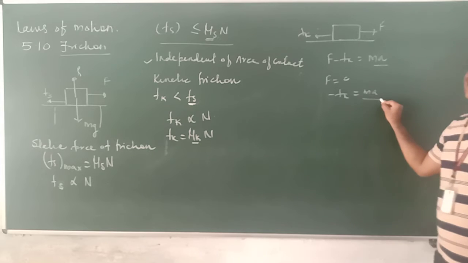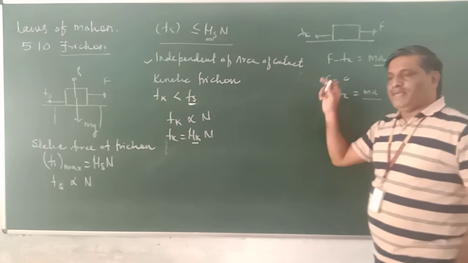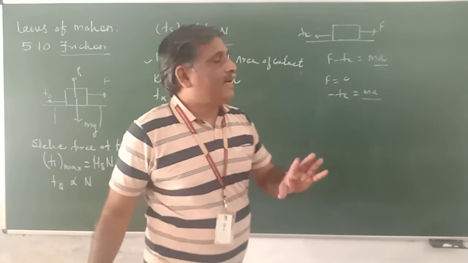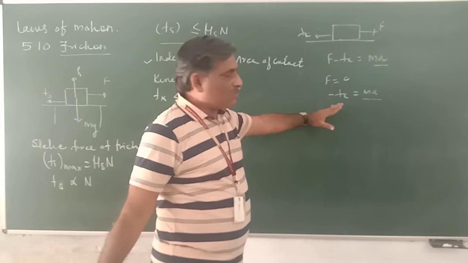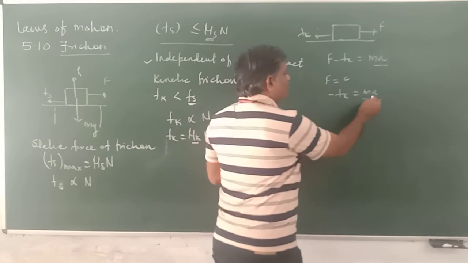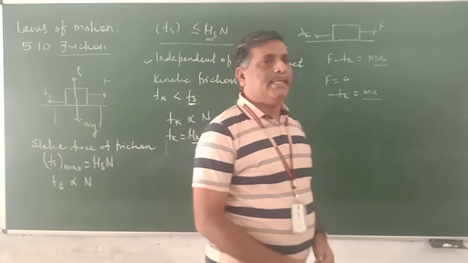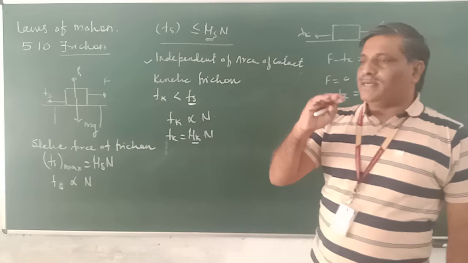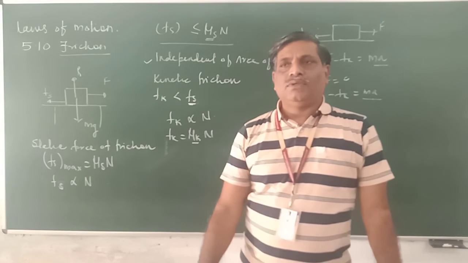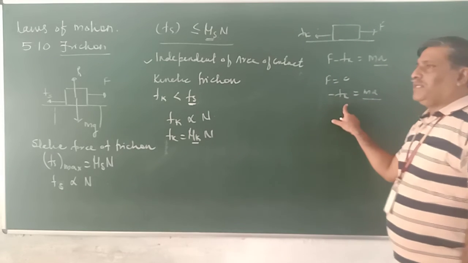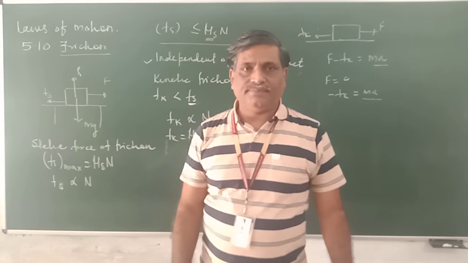It becomes a negative acceleration. As soon as the applied force is made 0, the body decelerates because of this kinetic friction until its velocity becomes 0. So kinetic friction alone will resist the motion of the body. When the applied force and kinetic friction are both equal, the body moves with uniform velocity.